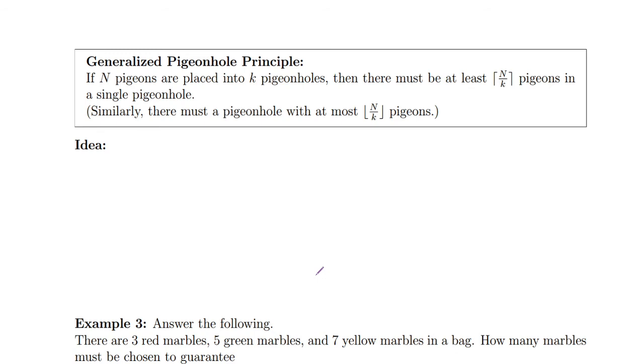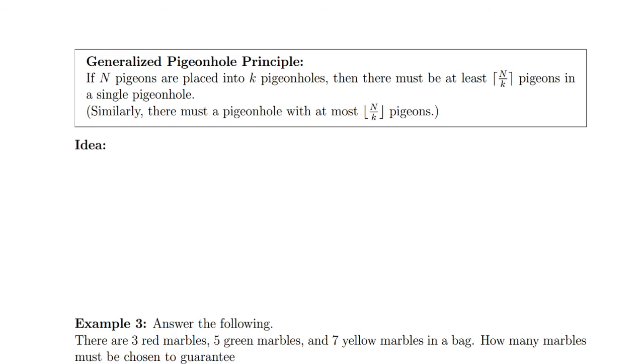And similarly, there must be a pigeonhole with at most the floor of n divided by k pigeons. Okay, instead of trying to prove this in general, because it can get a little bit complicated with an inequality that has to be involved here, I just want to give you some intuition behind this.